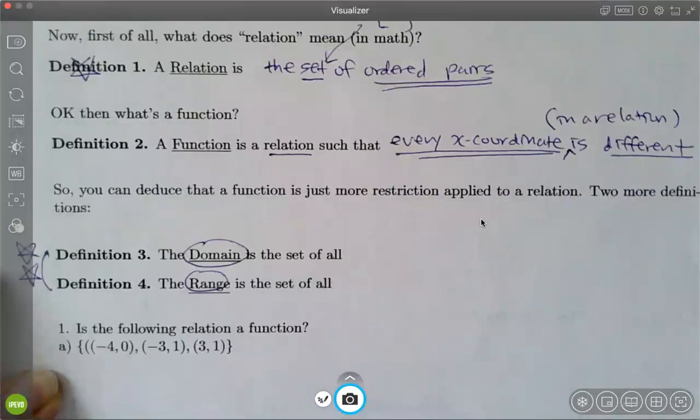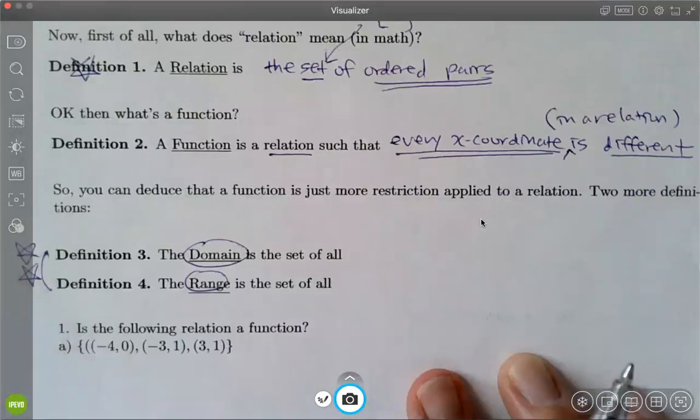Now, the domain has to do with x or y values. No idea? Have you not heard the domain and range before? X, isn't it?